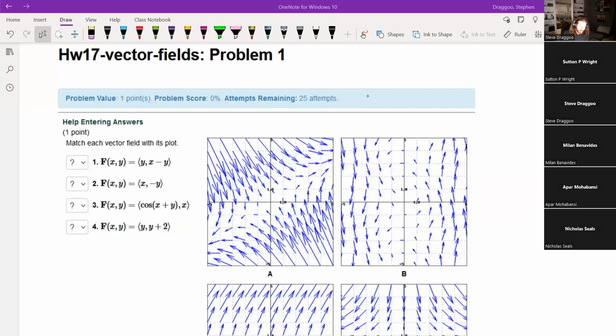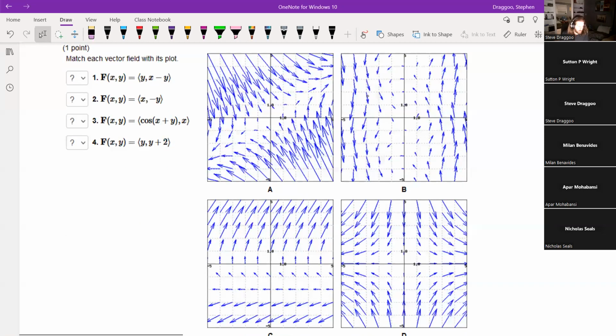So we've got 4 options over here, and we want to match them up with the vectors on the left. If I were to start by identifying what each of these look like, why don't I start with one of the easier ones? I want to get number 4 first. I think that one's going to be pretty straightforward.